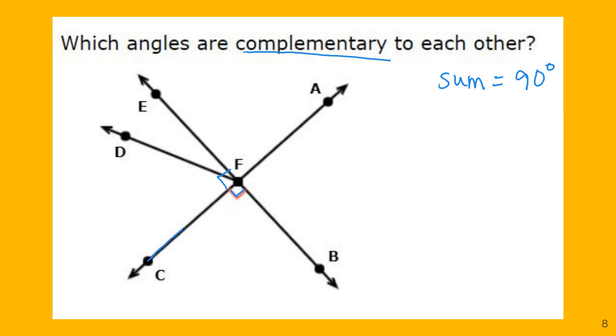So angle CFD and angle DFE, those two angles would add up to that right angle of 90 degrees. So angle CFD and angle DFE would be complementary because they add up to 90 degrees.